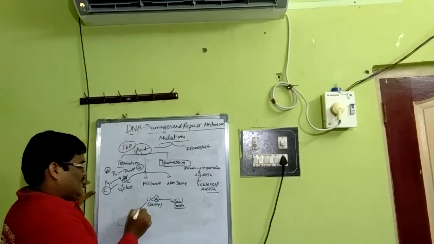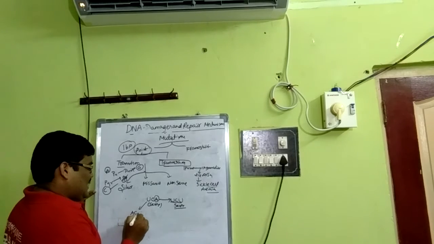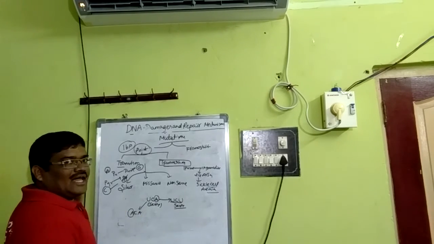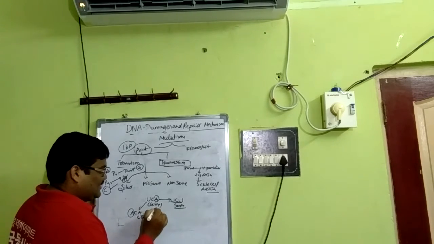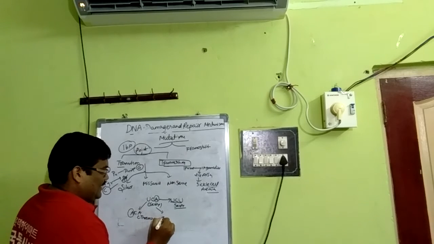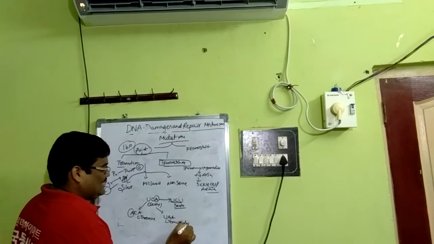Take another case, ACA. That means the first base in a codon has been mutated. This codes for threonine. Then take another case, UAA. That means a terminator codon because of a mutation in the second base.